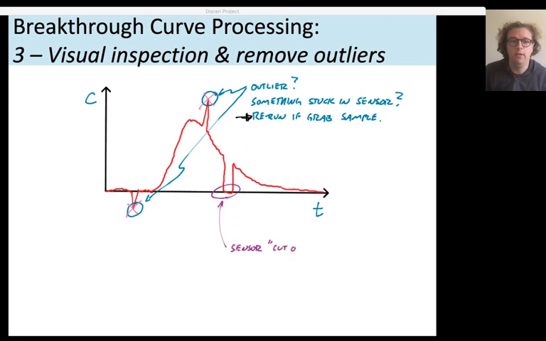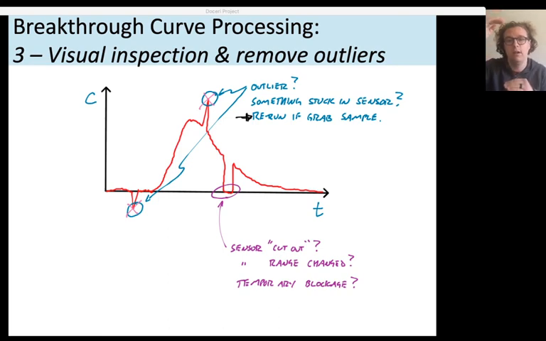The other thing I'll point out is this, where I've sort of drawn a plateau down to 0. I call this cutout of a sensor. Sometimes in our field sensors, we lose data. Sometimes they have an automatic ranging where they use either a low range or a high range, depending on concentrations. And when they switch between ranges, you sometimes record some zeros while that's happening.